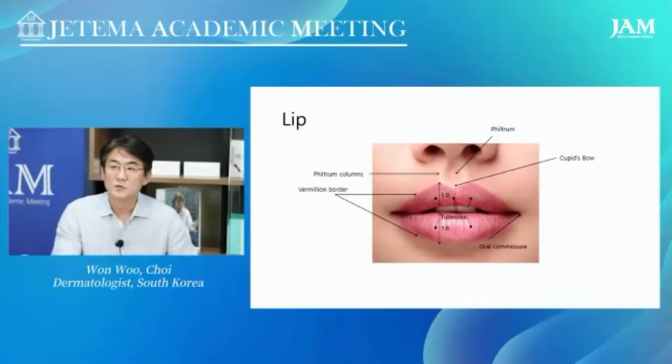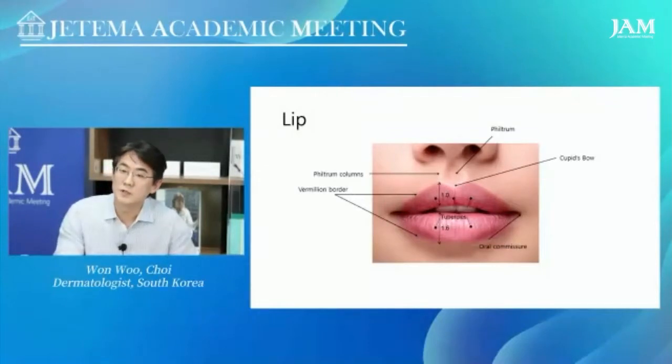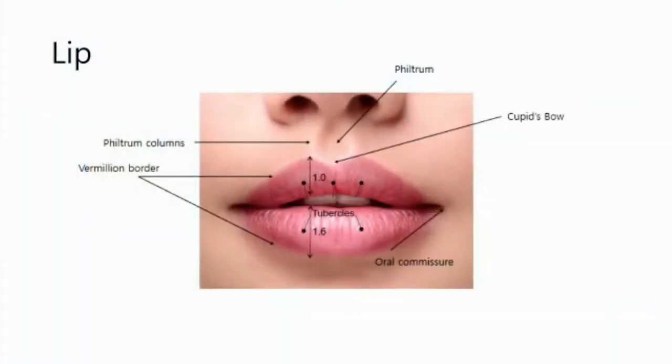Okay, the first slide shows the superficial anatomy of the lips. As you know, the superficial anatomy of the lips is comprised of the border and the volume part. Everyone knows that patients want to augment their lips. They want to volumize the lower lip and upper lip.